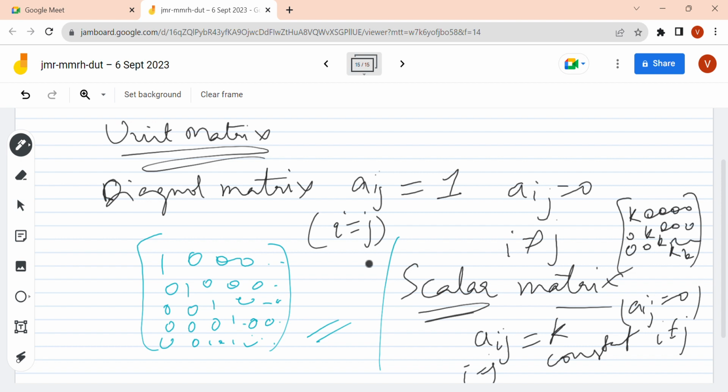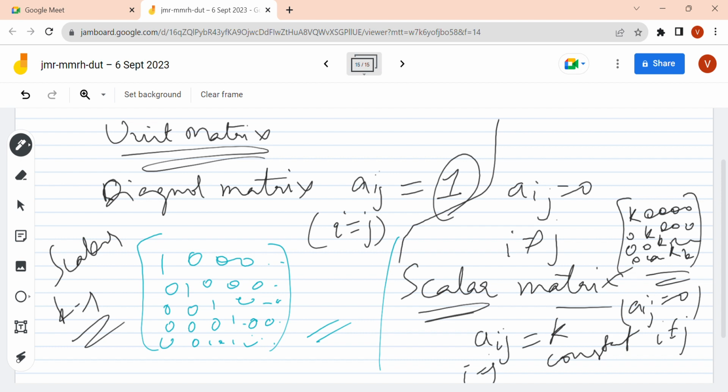The only difference between a unit matrix and a scalar matrix is that here you have the constant value 1. It is also a type of scalar matrix, where k is equal to 1. Both are the same, but the constant is fixed here, k equal to 1. Here it may be any random k value, but it is the same in all diagonal elements. Okay.